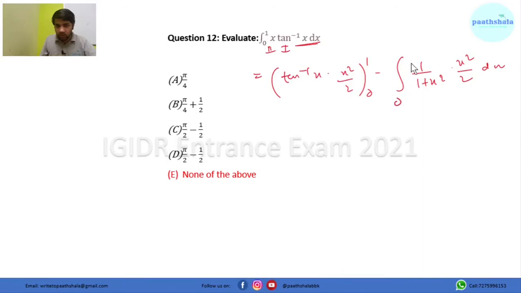The limit is going from 0 to 1. So this will be tan inverse x into x square by 2, and the limit is going from 0 to 1.